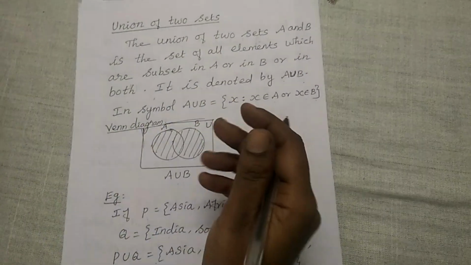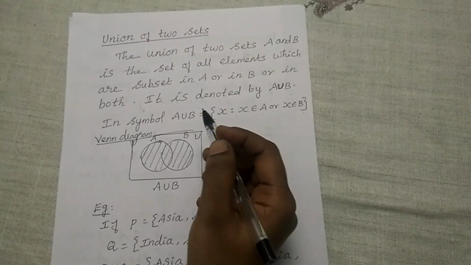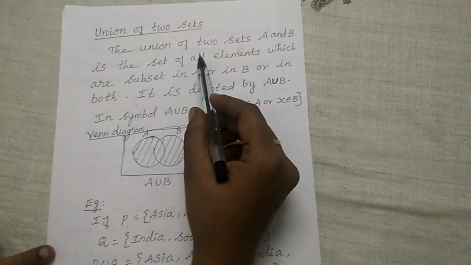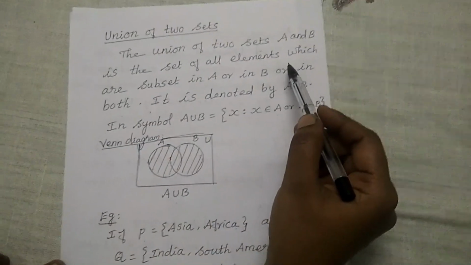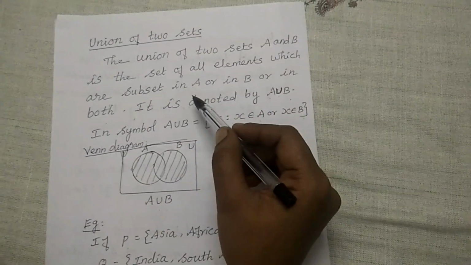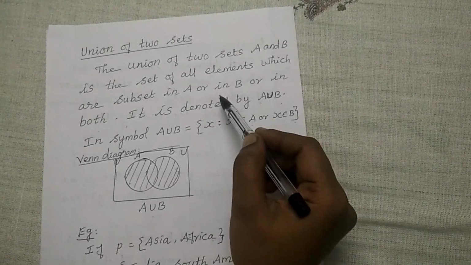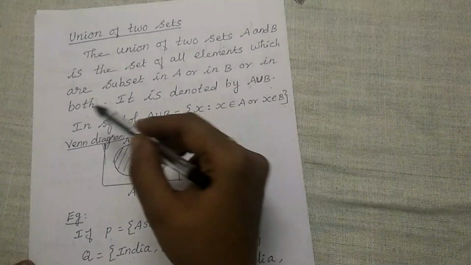Union of two sets. The union of two sets A and B is the set of all elements which are in A or in B or in both.